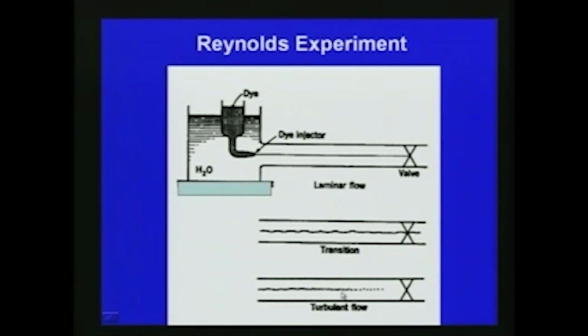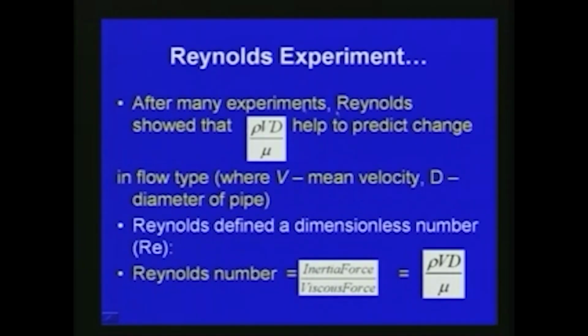That is what Osborne Reynolds did in the 1880s, and with a large number of experiments he defined the so-called Reynolds number.